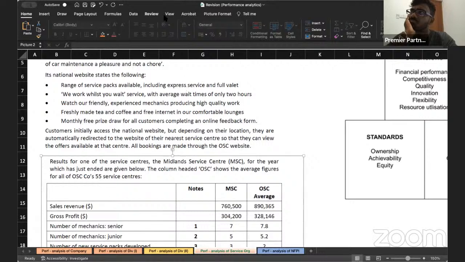In what sense are you flexible when you say that you can drink coffee and wait? What do you mean? We work whilst you wait. Average work time is only 2 hours.